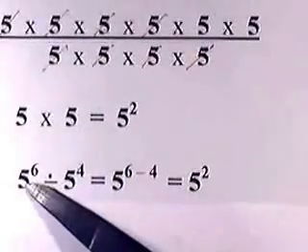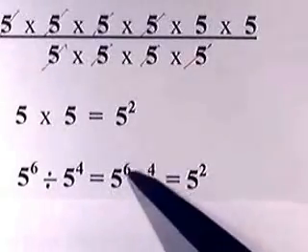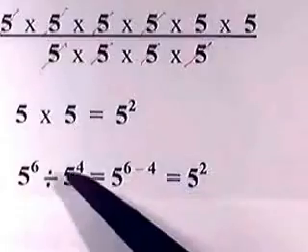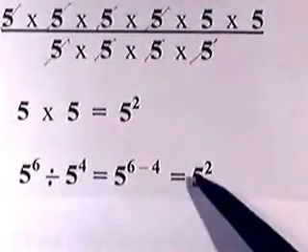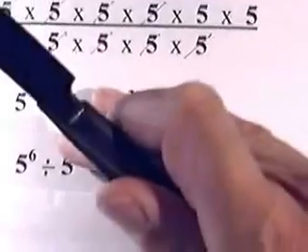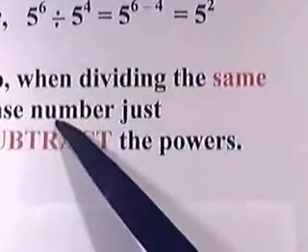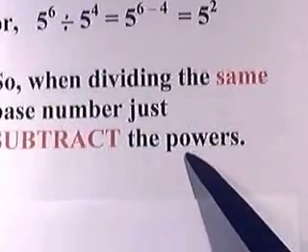So 5 to the power of 6 divided by 5 to the power of 4 is 5 to the power of 6 take away 4, or 5 to the power of 2. Notice the base numbers 5 are the same. So this method only makes sense if the base numbers are the same. So the rule is, when dividing the same base number, you just subtract the powers.